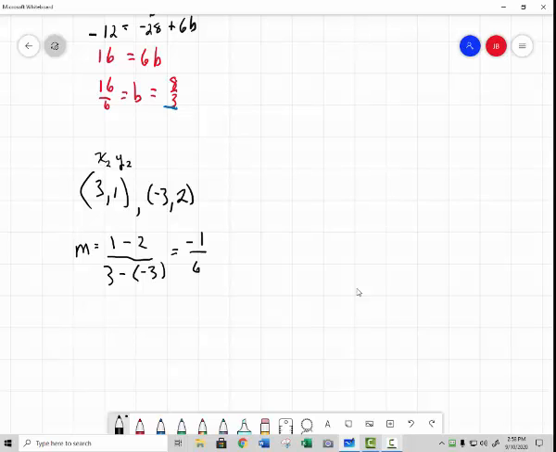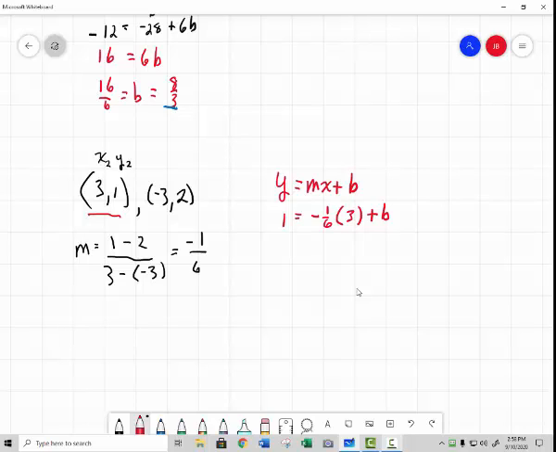Alright, now I need the slope at a point. Well, I like to stay away from the negatives if I can, so let's use this one right here. We're going to use this point. And again, I'm going to use the Atherton method. I know that y equals mx plus b. I've got a value of y, that's 1. I've got a value of m, which is negative 1/6. I've got a value of x, which is 3. And I know the value of b, that's what I'm looking for. Okay?